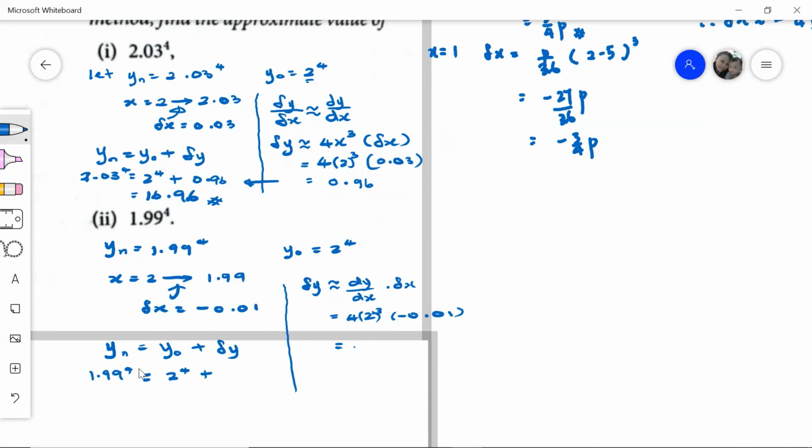Therefore, we will have negative 0.32. We add this negative value of 0.32, so 16 minus 0.32, and the answer will be 15.68. That's the answer for question C, part 1 and part 2.